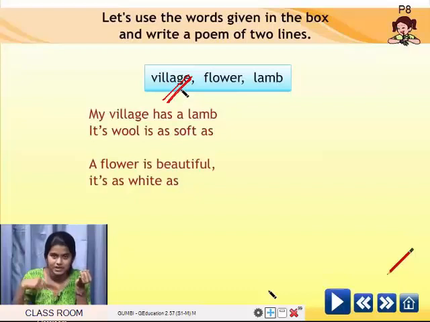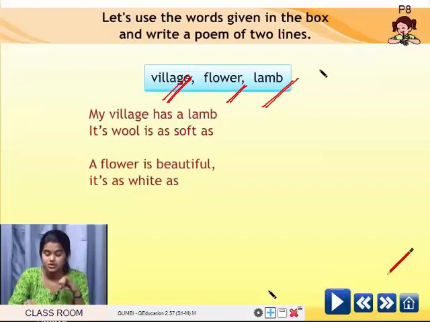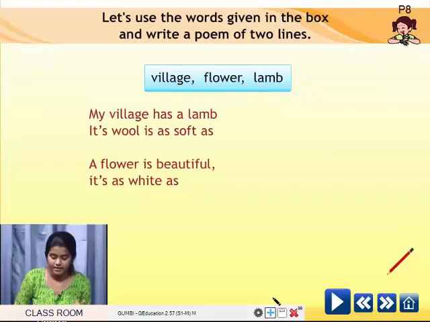You have to pronounce it as village. Repeat, village. And this one, you should not say flower. It is flower. And here, it's not lamb. You should not pronounce the b sound. You should say lamb. Okay? So village, flower, lamb. So these are the words given in this box.